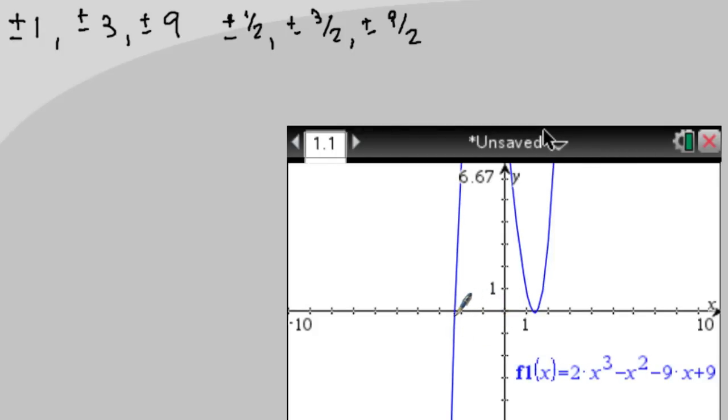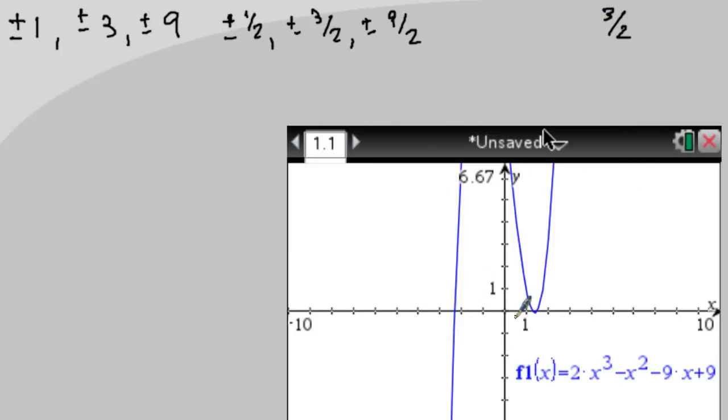That doesn't really look like it's halfway in between anything, so it doesn't look like it falls on anything in my list. This place here looks like it crosses at maybe 1 1/2, so positive 3/2 could be a 0.